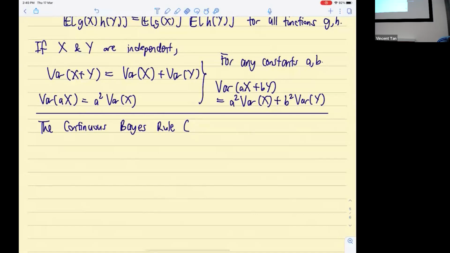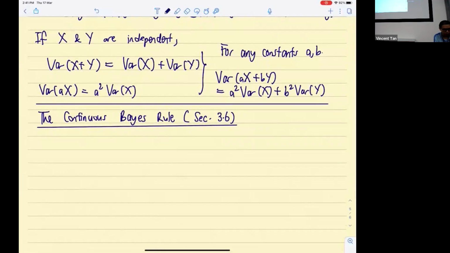This is a very, very useful tool if you want to go on to further classes that talk about statistical inference, probability, and statistics. So this is very important to know, for example, if you want to do machine learning. Later on, I will talk to you about one particular example that is used very extensively in machine learning.